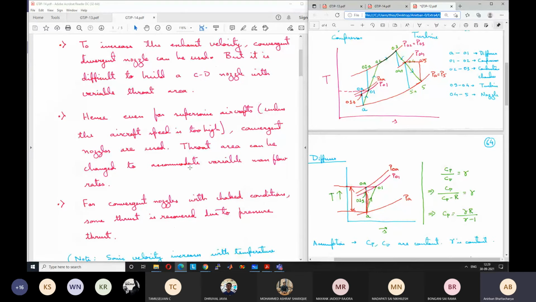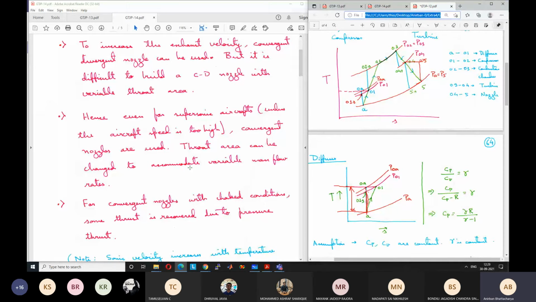We had discussed this before the midterm. Temperature is higher than normal atmospheric temperature, so the sonic velocity for that is higher. Yes, good. Temperature is higher at the nozzle exit condition. So even at sonic condition, the velocity at the nozzle exit is higher as compared to the aircraft velocity.